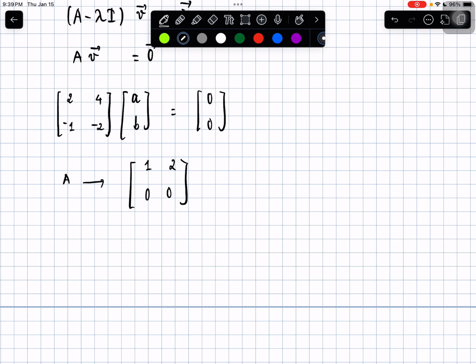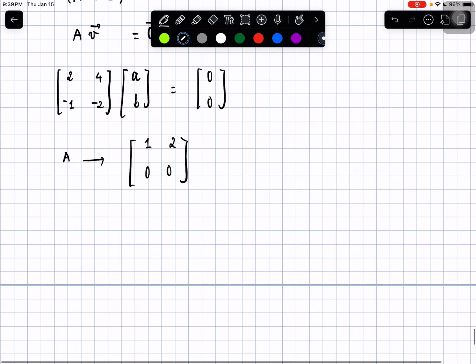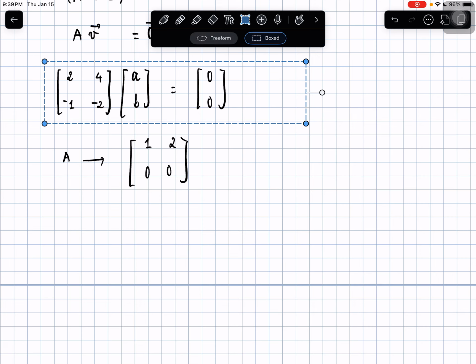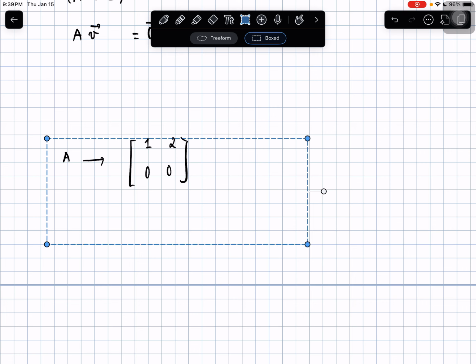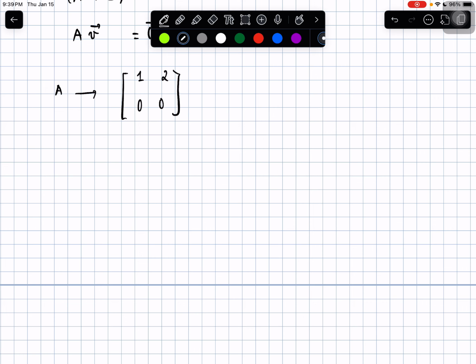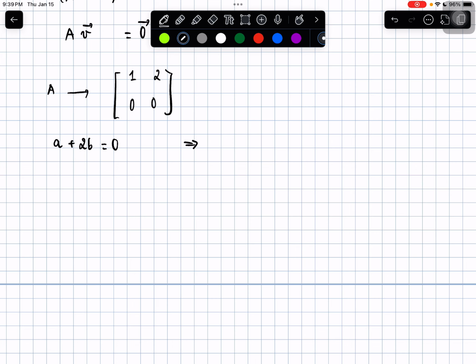We would have, let me use a, b for this, a plus 2b equals 0. So a equals minus 2b. So a, b is minus 2b, b, which is b times minus 2, 1.